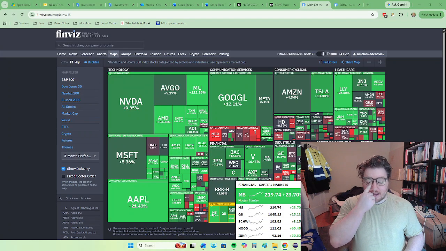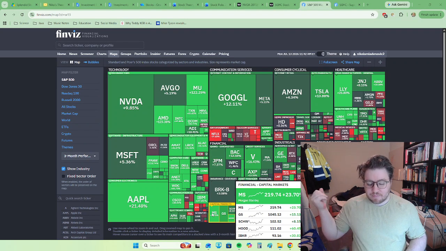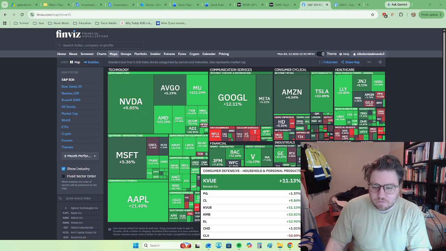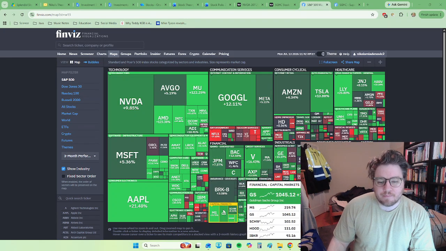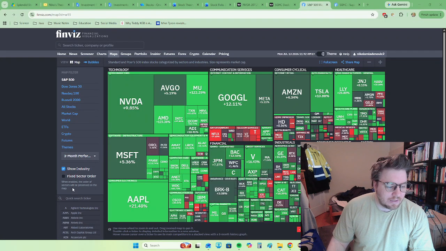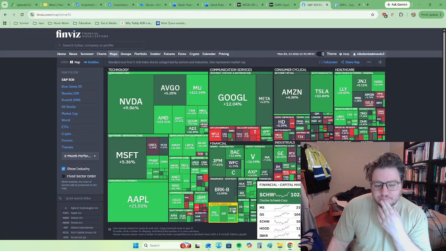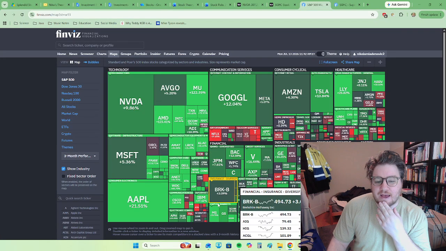Now I don't add any financials like Visa, MasterCard. Here it shows that Morgan Stanley went up 23%. Same reason I don't, though sometimes I add some oil for energy. I guess the most ethical thing I can do is add a financial ETF.